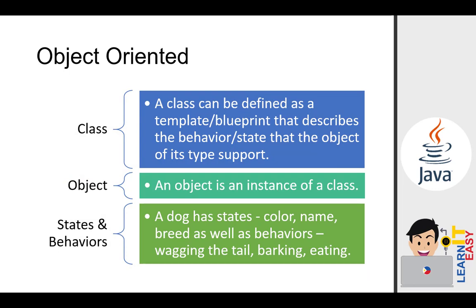Java, being an OOP, is composed of the following. First, we have a class. A class can be defined as a template or blueprint that describes the behavior or state that the object of its type supports. Since Java is built on objects, we need to have a class first.